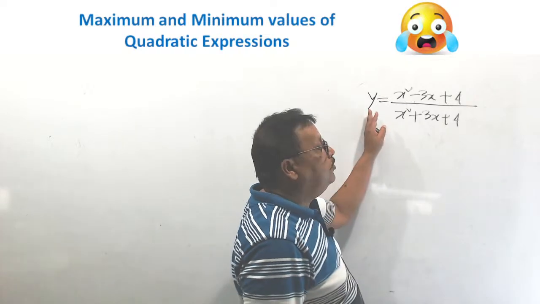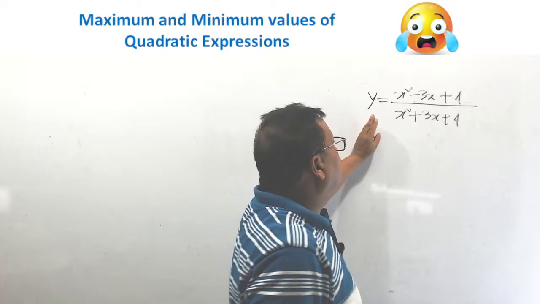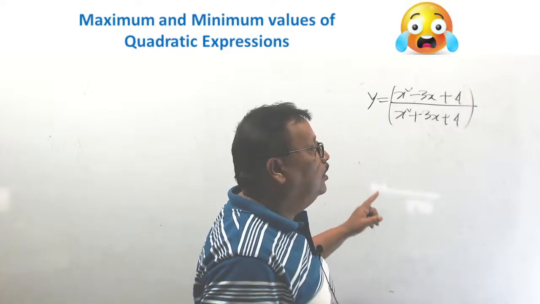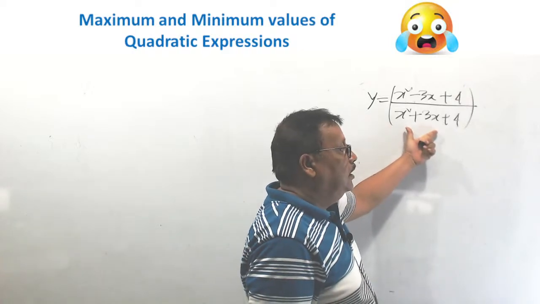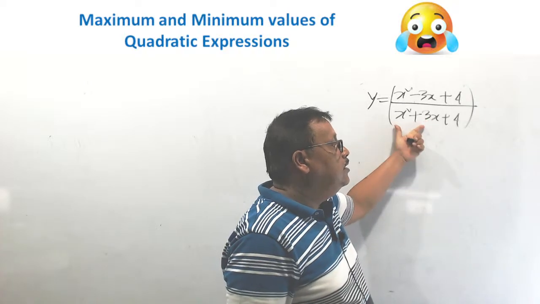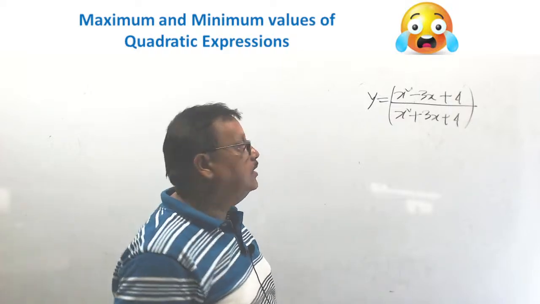That is, you have to find the value range of y. That means the range of this. And you have to show that for all real values of x, this always lies between 1 by 7 and 7. Understood? 1 by 7 and 7.